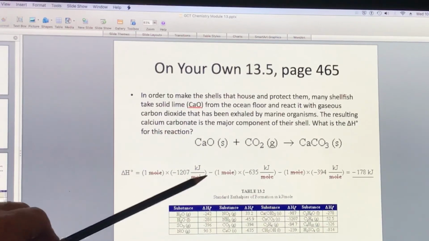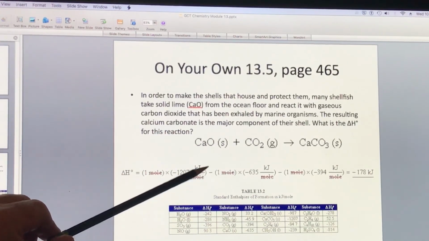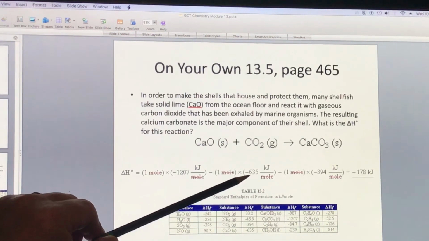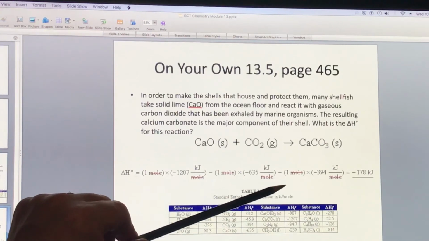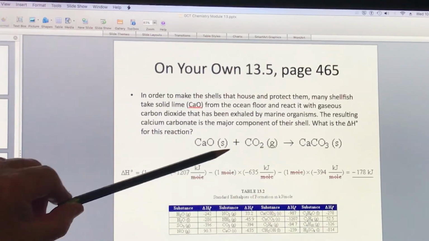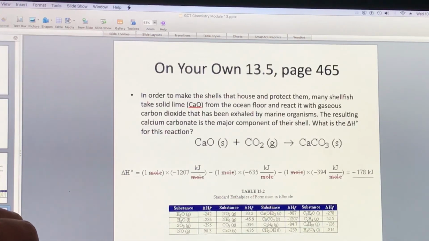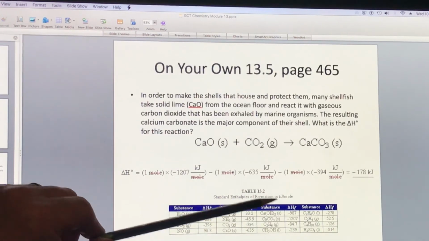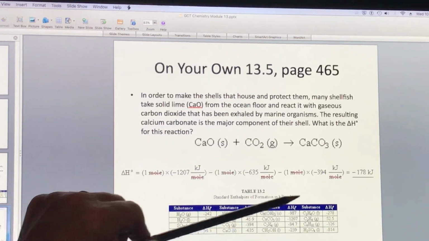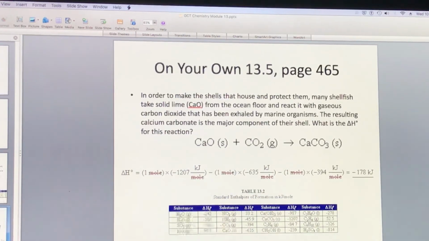That completes our product side, minus, then we have 1 times the calcium oxide, negative 635, and then also minus 1, because there's an imaginary 1 here, times the carbon dioxide, which is right here, 394, right? And when we do all the math, we have negative 178 kilojoules.